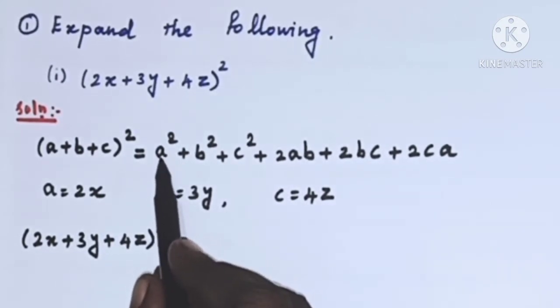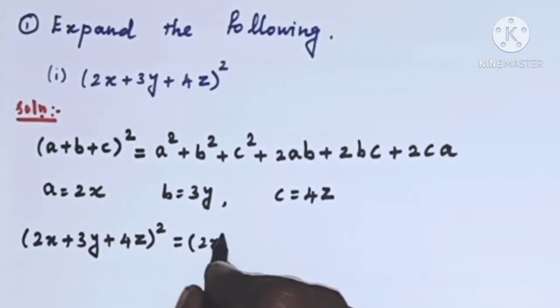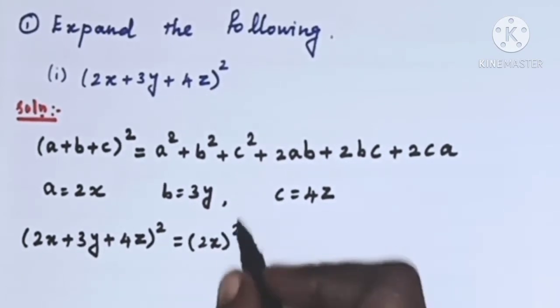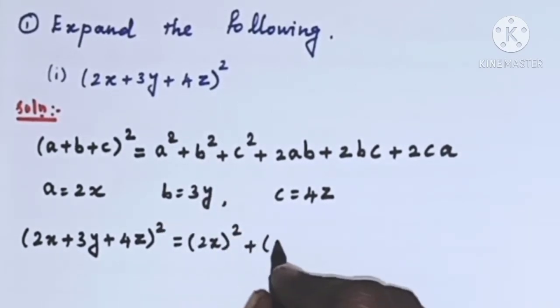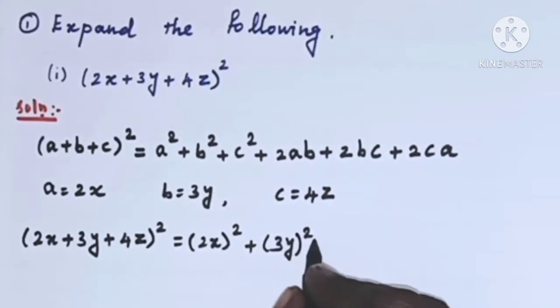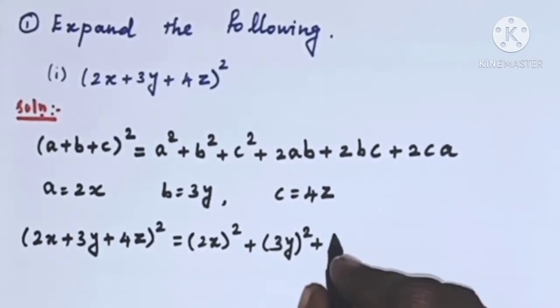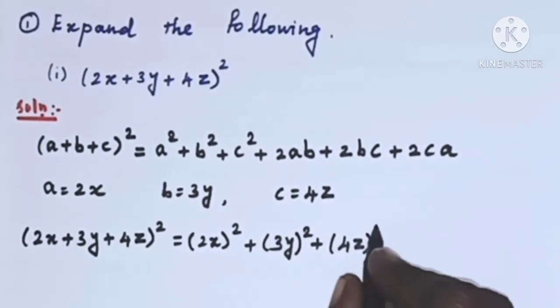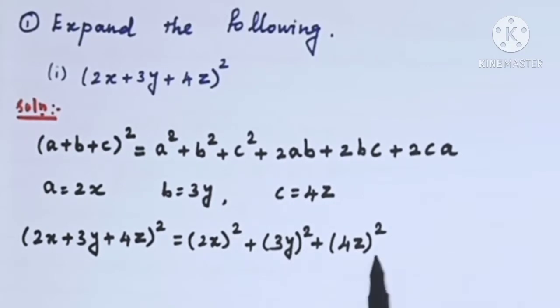So in the place of a we have to write 2x the whole square plus, in the place of b we have to write 3y, so 3y the whole square plus, in the place of c we have to write 4z, so 4z the whole square.